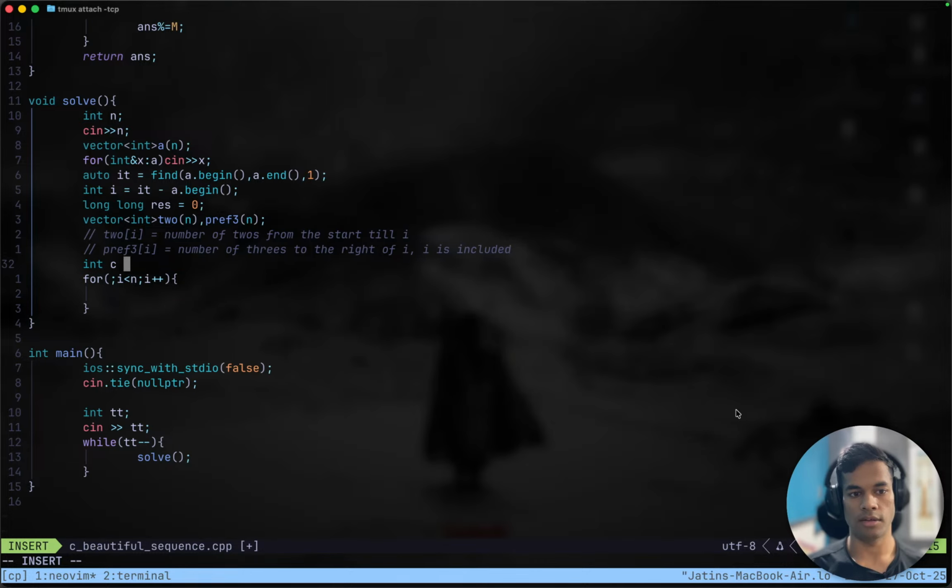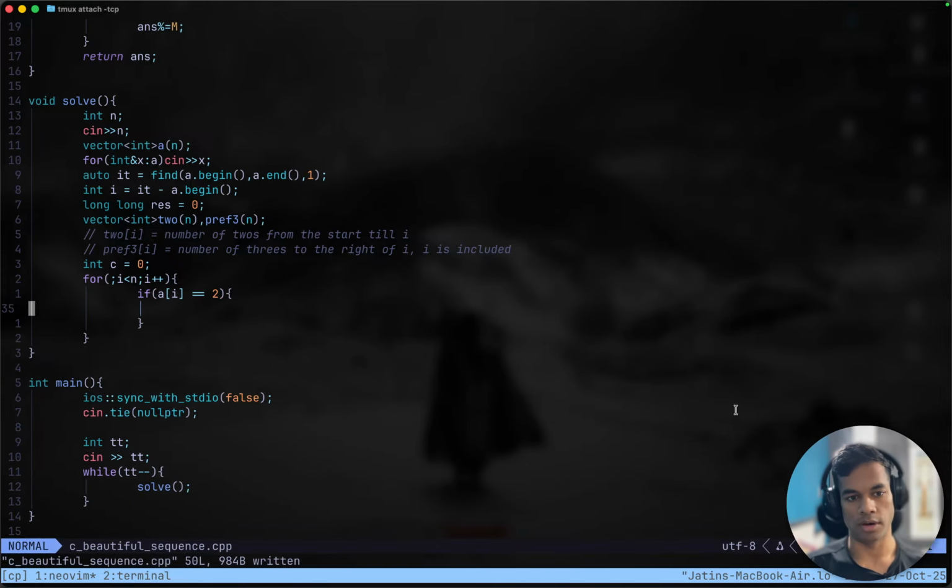We'll have int c equals 0. c is the number of 2's that we have seen till now, and we'll start iterating from here. If the current number is 2, a[i] equals 2, we will just increment our counter by 1.